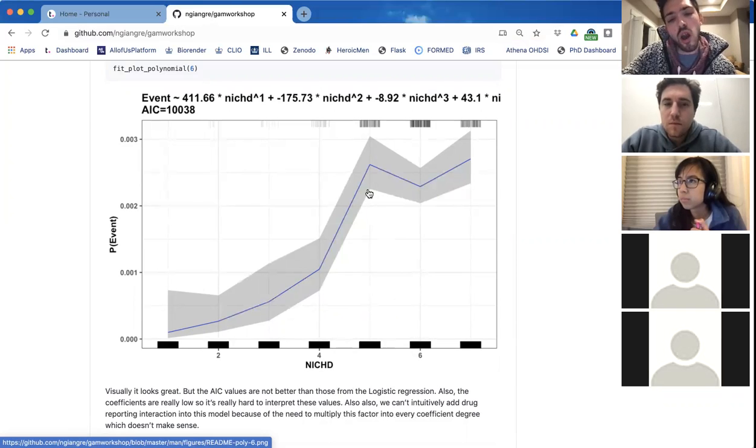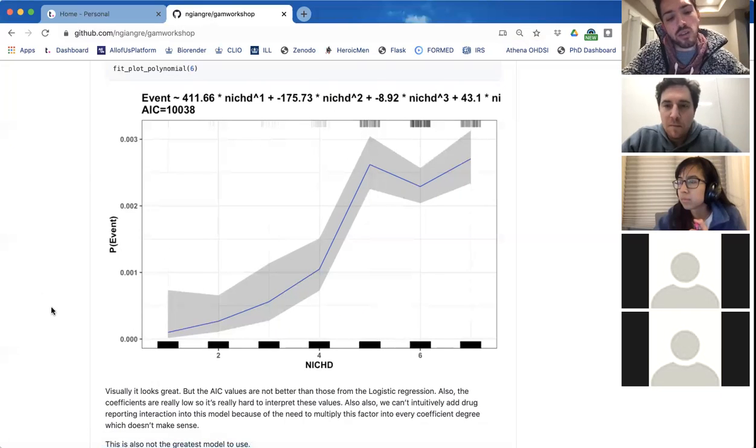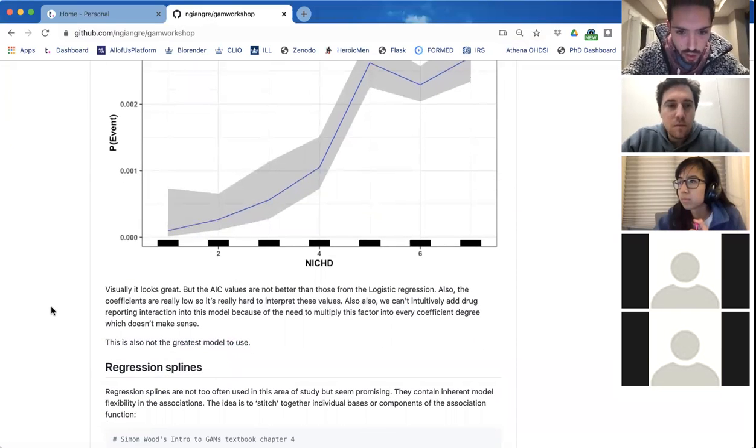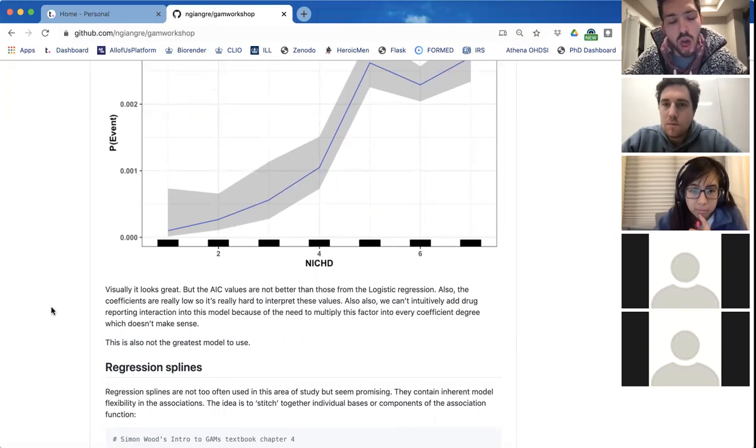And this is where the coefficients are the highest. So this is somewhat of a good thing. But still, the equation doesn't make sense. And neither does the y-axis. Also, the AIC values are not better than the logistic regression, though they don't make that much sense. The coefficients are low, and that's hard to interpret.